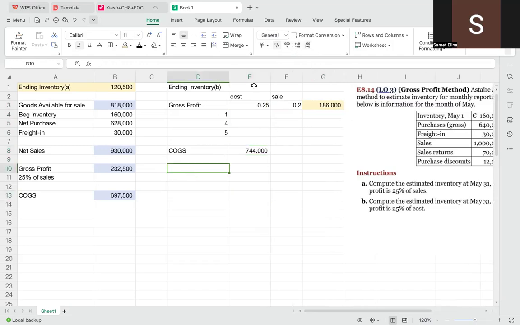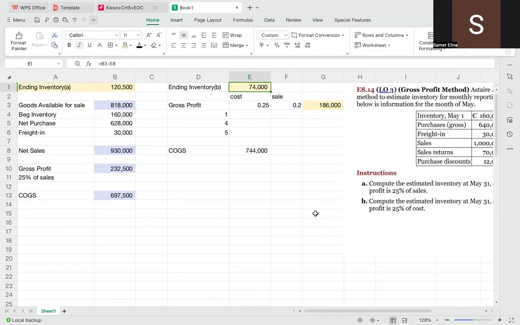And now our ending inventory for instruction B will be goods available for sale minus our new COGS, which is 74,000. This is our final result for instruction B.